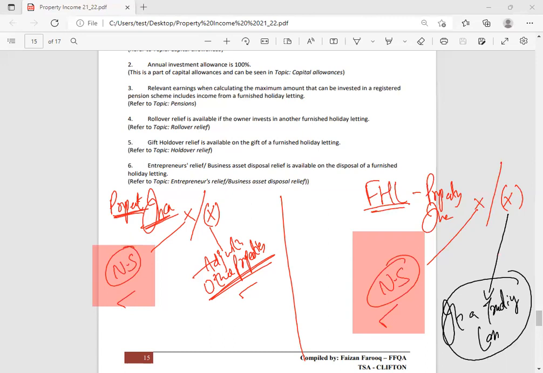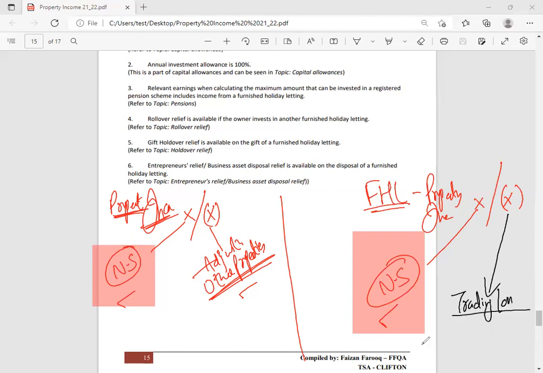The loss of FHL is known as a trading loss, and a trading loss is not allowed to be adjusted against other properties. This is the only difference which we must consider till now.